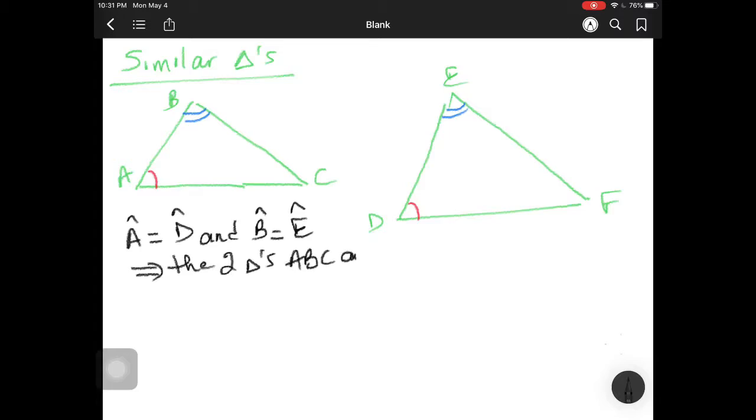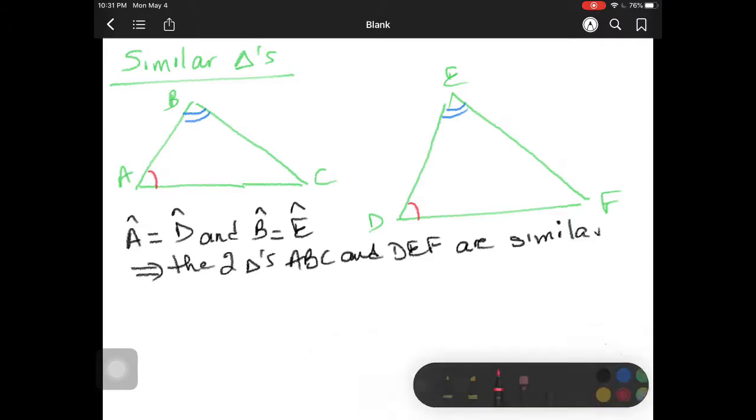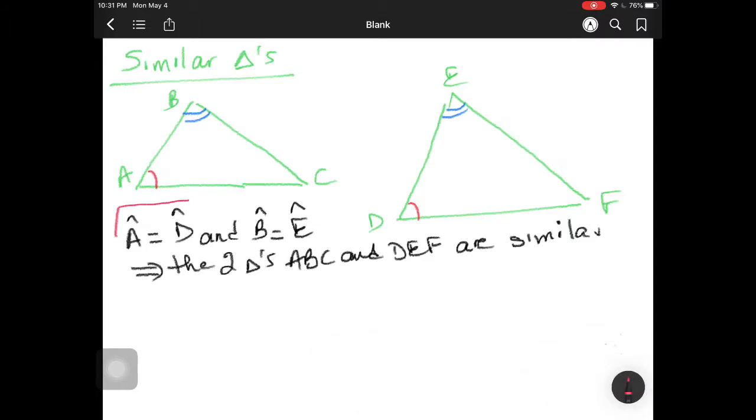this means that the 2 triangles ABC and DEF are similar. So if you can prove, or show, or it's given, that 2 pairs of angles are equal, this would help you reach the fact that the 2 triangles are similar.